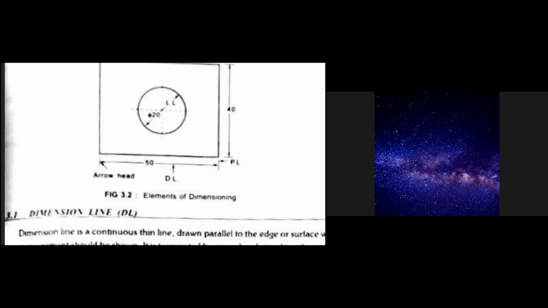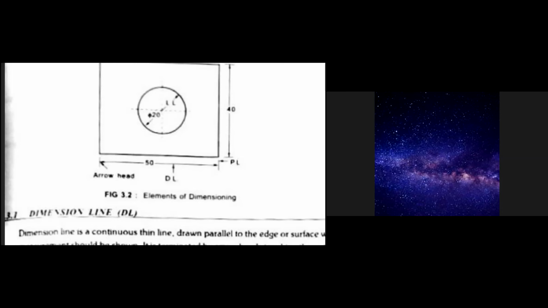See here, these are thin lines drawn from the starting and ending termination points of the constructing line, and at the same time they are perpendicular to the constructing line. So perpendicularly, we have to draw two thin lines from the two ends of the constructing line. That is projecting lines. You can also call it an extension line.